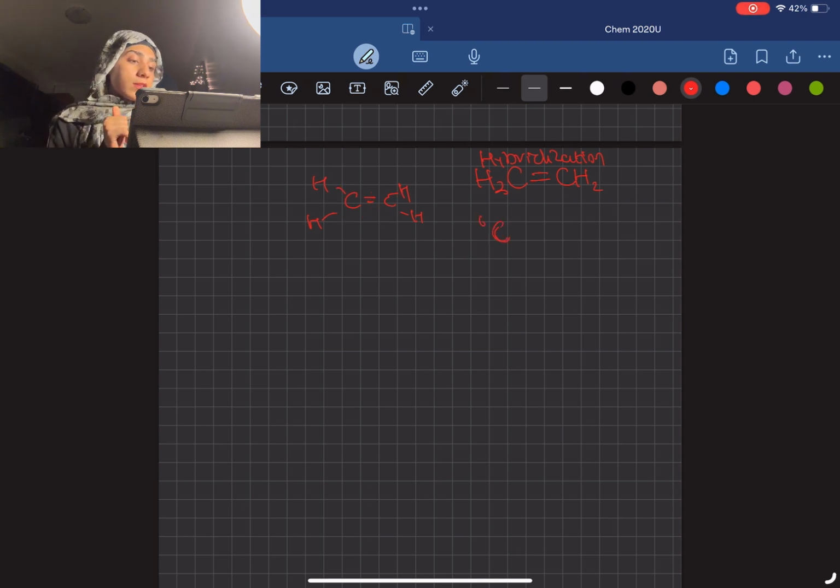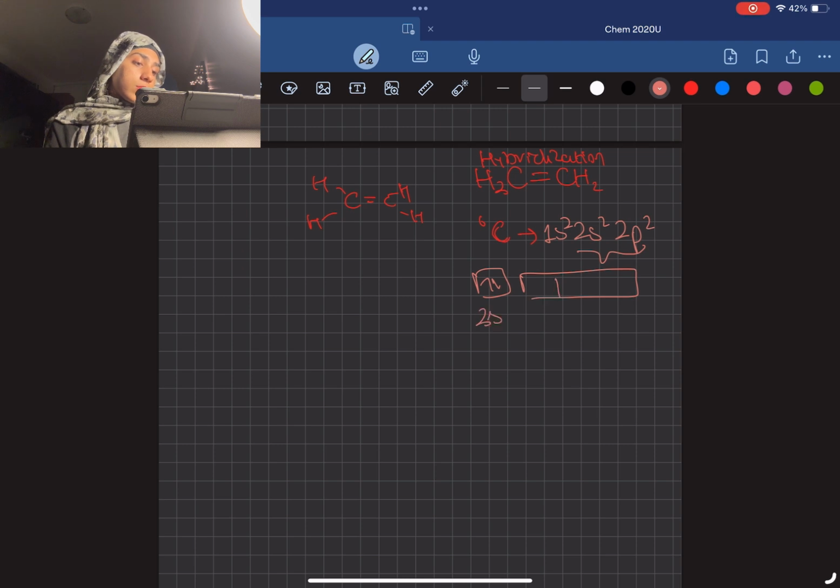So for carbon, it's carbon 6. I'll do the electronic configuration. 2p2. This is my valence shell. I'll open it up. 2s, 2px, 2py, 2pz. Now over here, this is my ground state.